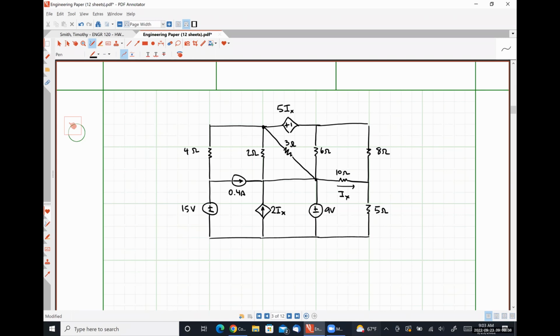So we are going to modify our algorithm slightly to include the extra steps that we are going to need, okay? So step number one will still be to identify our nodes.